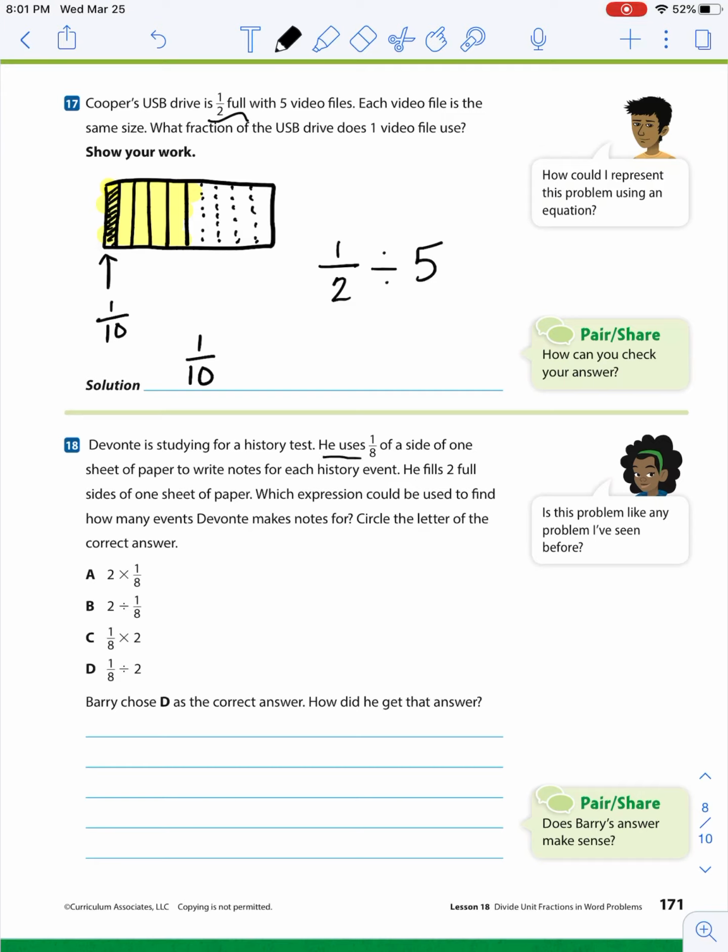He uses 1/8 of a side of one sheet of paper to write notes. He fills 2 full sides of one sheet of paper. Which expression could be used to find how many events Devonte makes notes for? Go ahead and answer that and submit it.